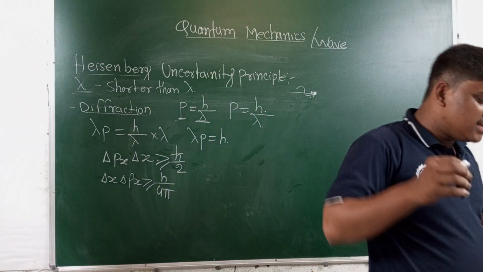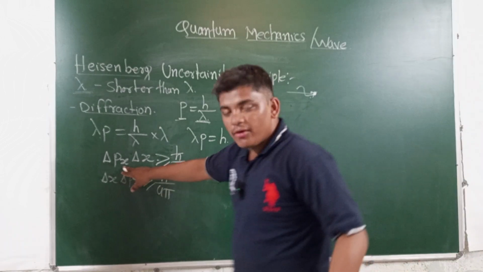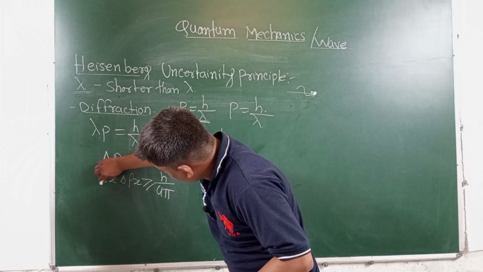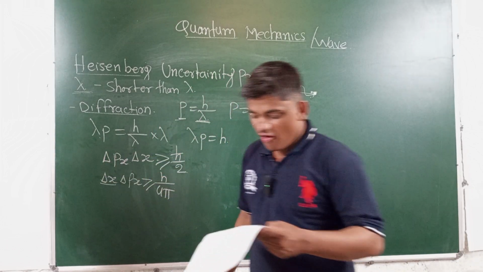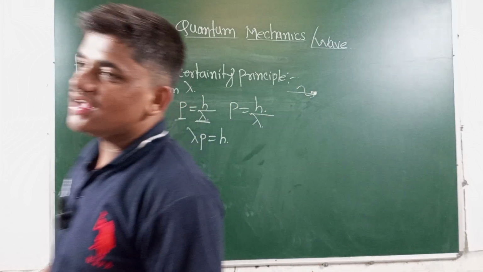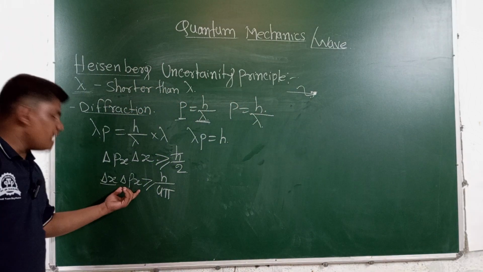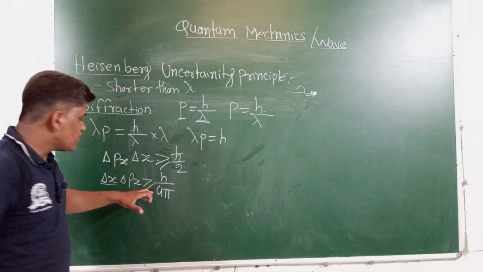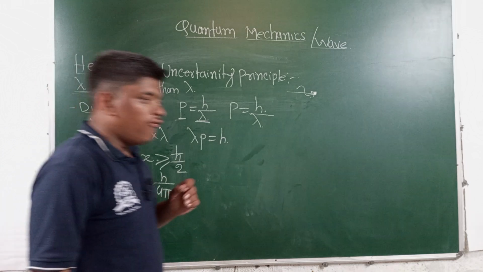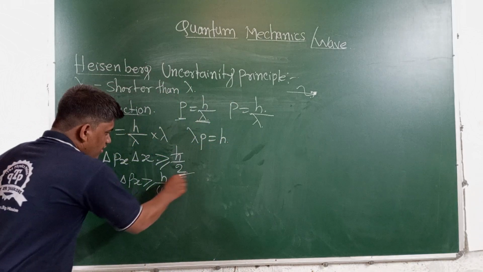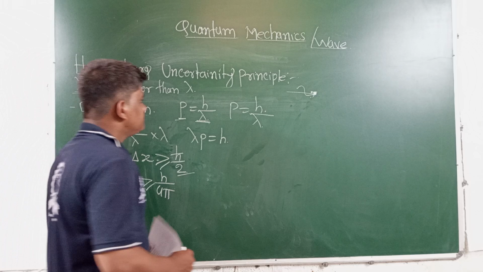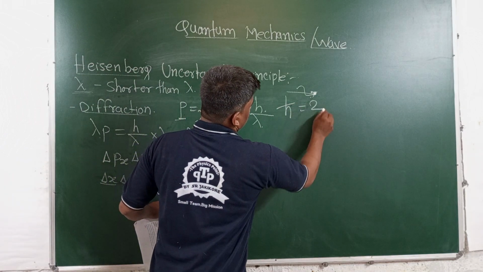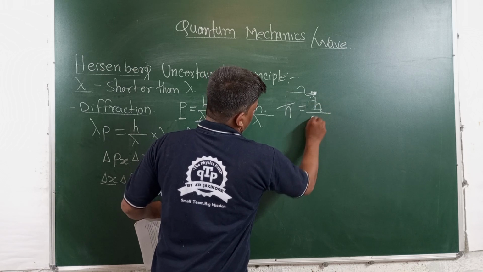The Heisenberg Uncertainty Principle states that the product of the uncertainty in the position, delta x, of a body at some instant, and the uncertainty in the momentum at the same instant is greater than or equal to h upon 4 pi, or h cut upon 2, where h cut is equal to h upon 2 pi.